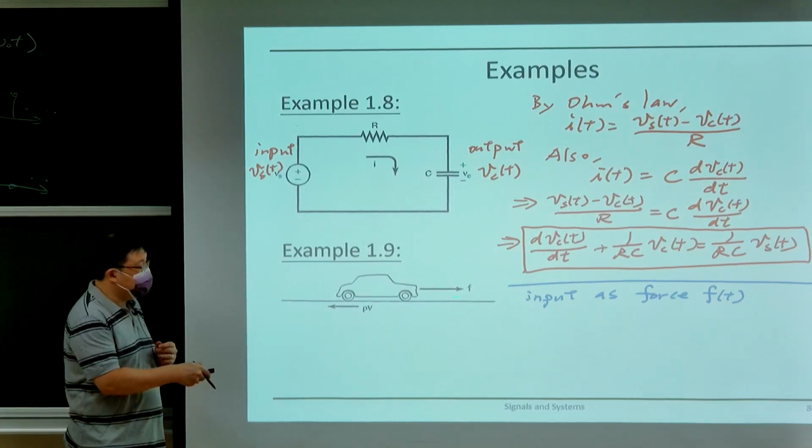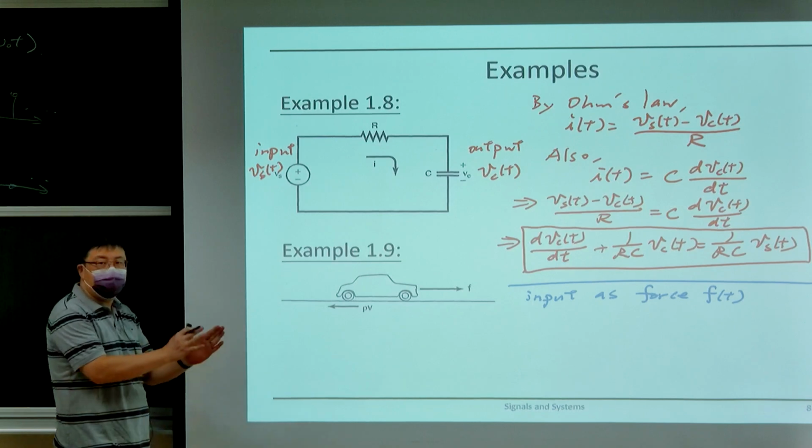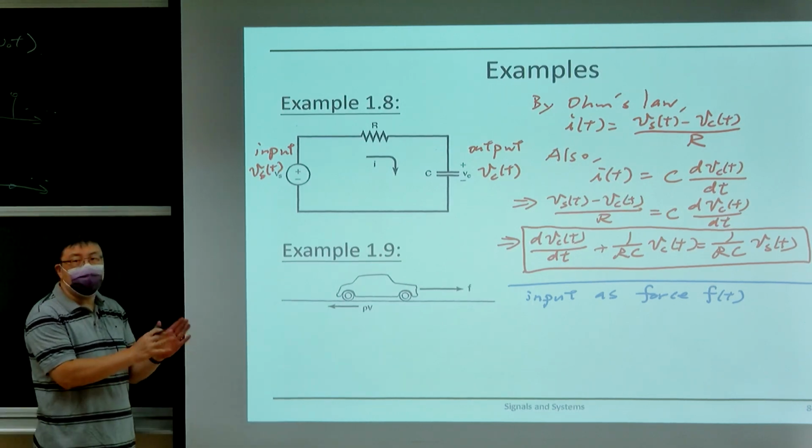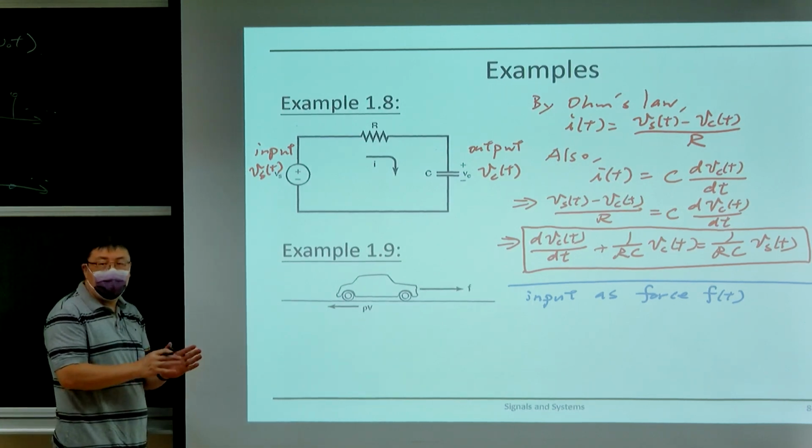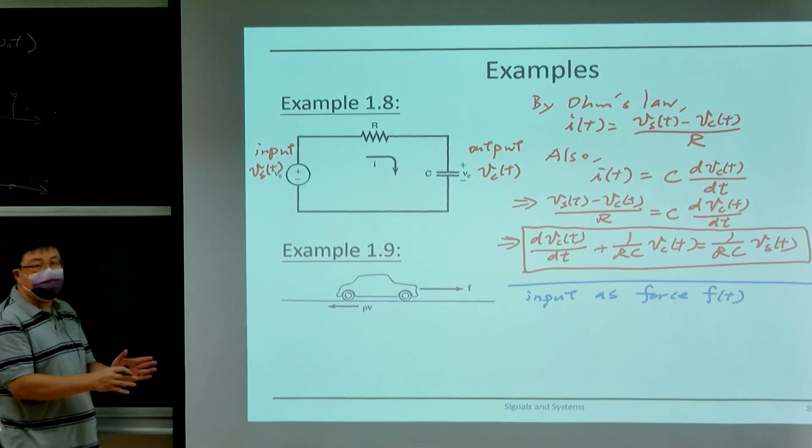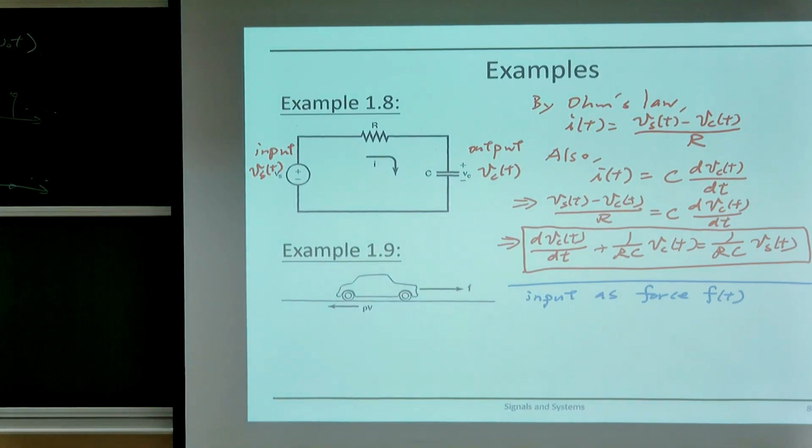F of t is the force that we impose, possibly by stepping on the gas pedal to move it forward. And the output will be the resulting velocity of the vehicle.